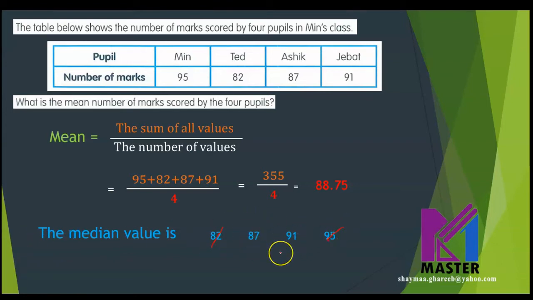Then I have two values in the middle, 87 and 91. If I have two values in the middle, I add them together. So 87 plus 91 equals 178. Then I will divide the 178 by 2. So the answer will be 89.